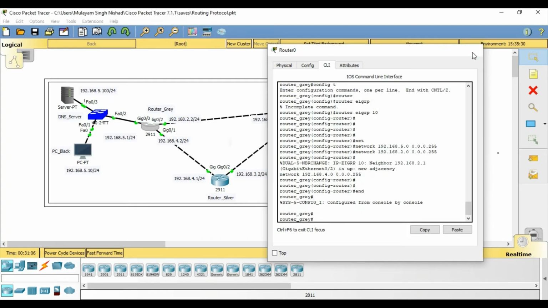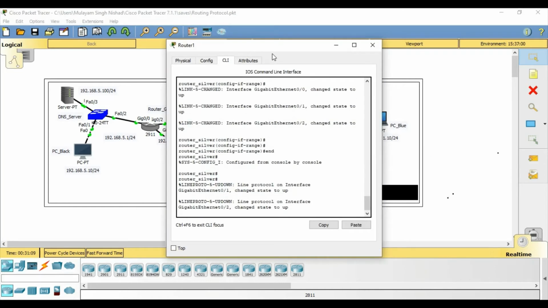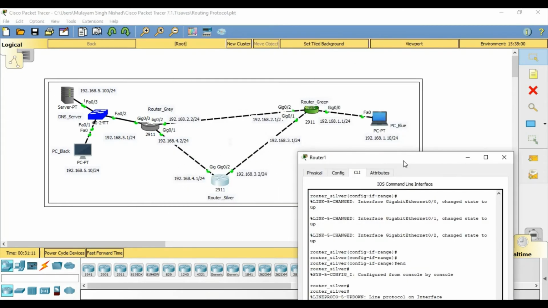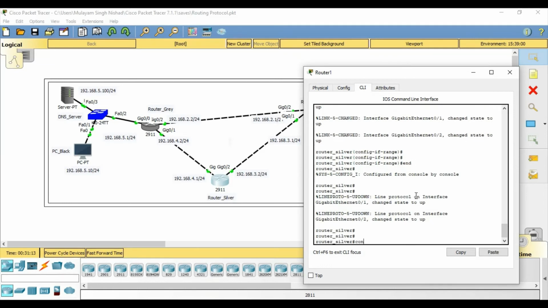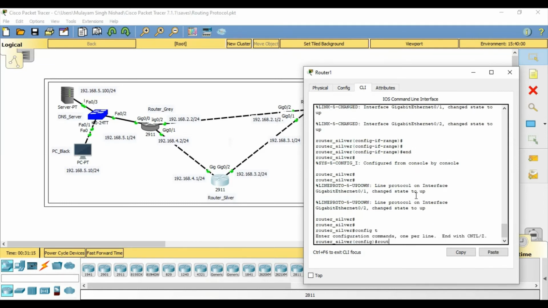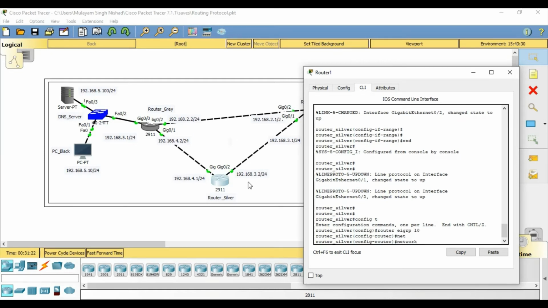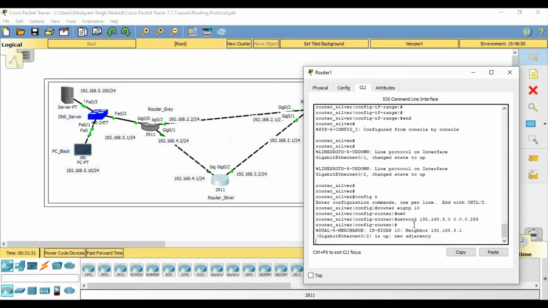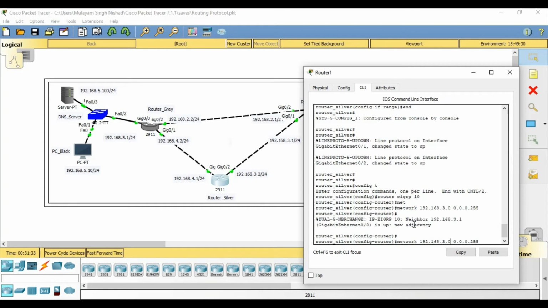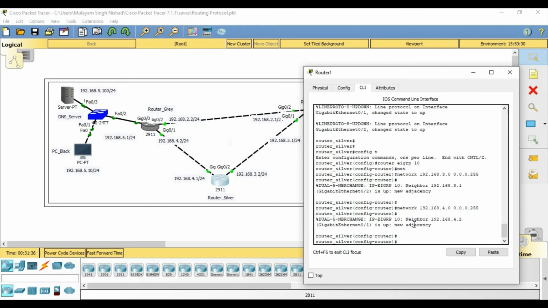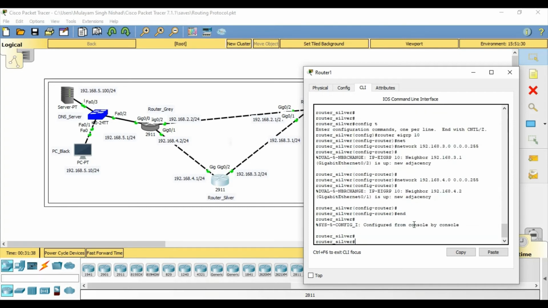And go on this router also and configure the same thing. Router EIGRP 10 and network is 3.0 and 4.0. Okay, so your EIGRP configuration is done now.